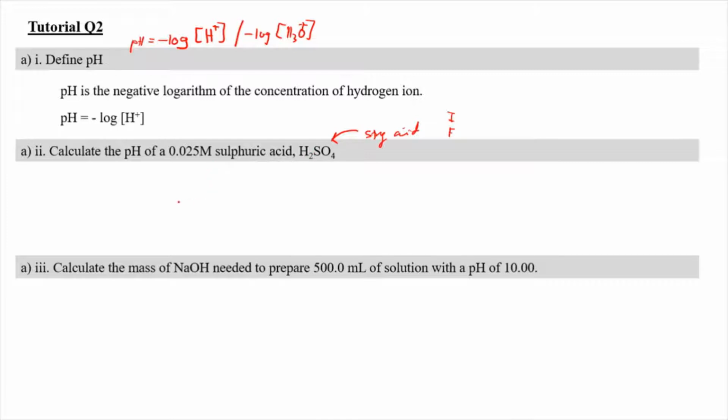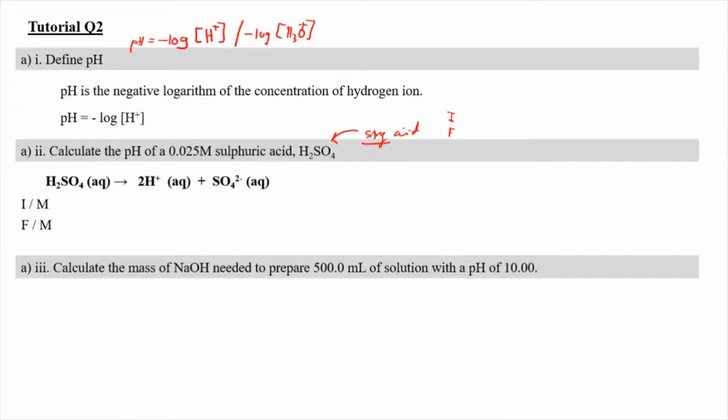So for the H2SO4, we can start with writing the reaction at equilibrium. Because it is a strong acid, it's going to have full dissociation, which is H2SO4 aqueous going to produce 2H plus aqueous ion, as well as the SO4 2 minus aqueous ion. And we're going to write the IF table, which is the initial as well as the final concentration.